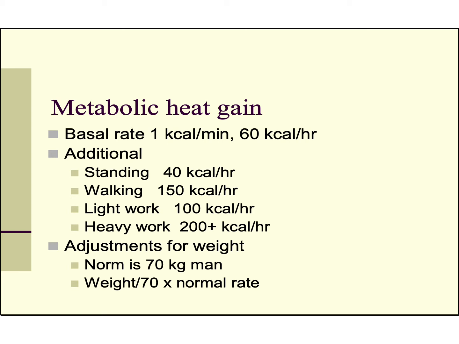Heavy work, 200 or more. And again, these need to be adjusted for weight. Our standard person is a 70 kilogram man, so if we take the weight of the actual person and divide by 70, then multiply times the normal rate, we'll get more or less the actual rate. I'm sure that people vary in their basal rate as well as in their rate when they're doing various activities, but these are the numbers that we're going to use.